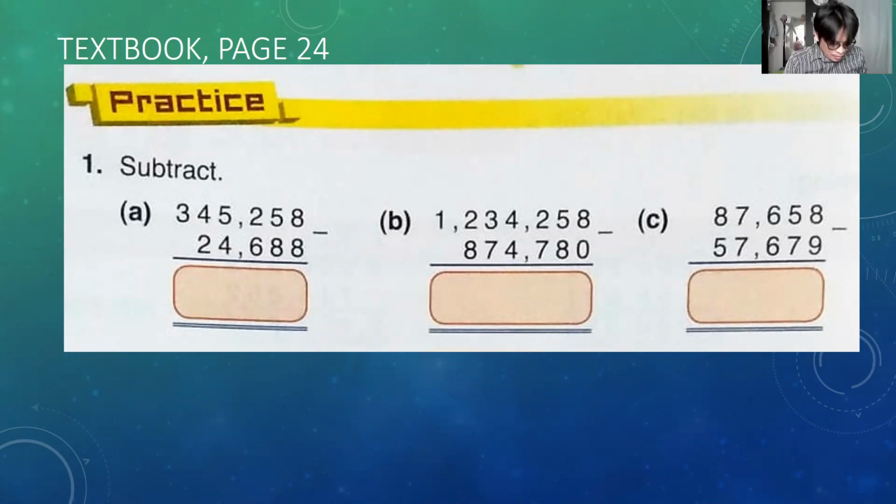Okay. Since Look, Pry is finished, let's start answering. Let's help each other. Look, Pry, letter A. Can you answer letter A? You have to tell me the answer. Teacher will write. 300,000. 345,000. 320,570.